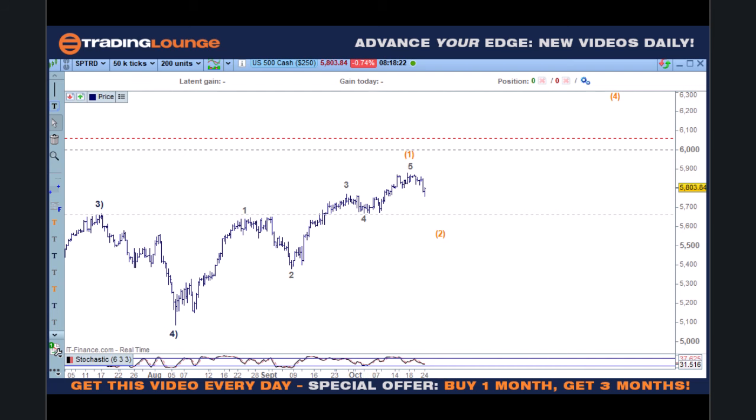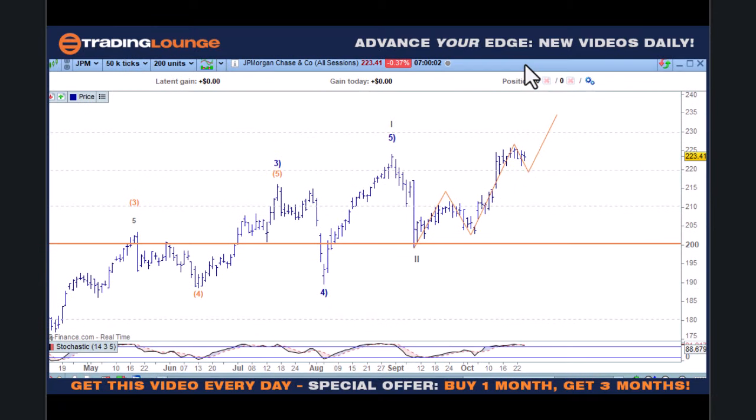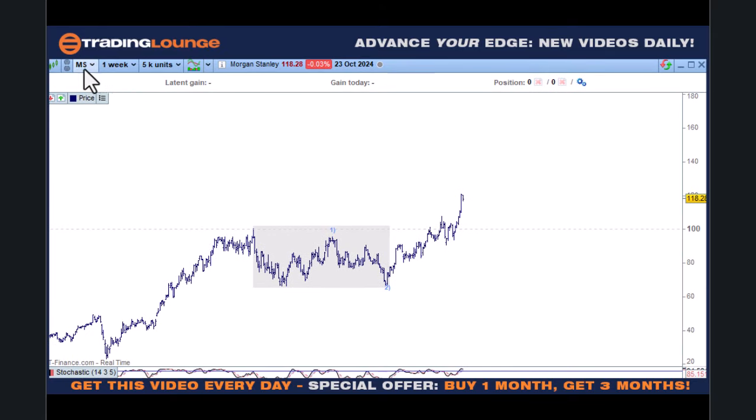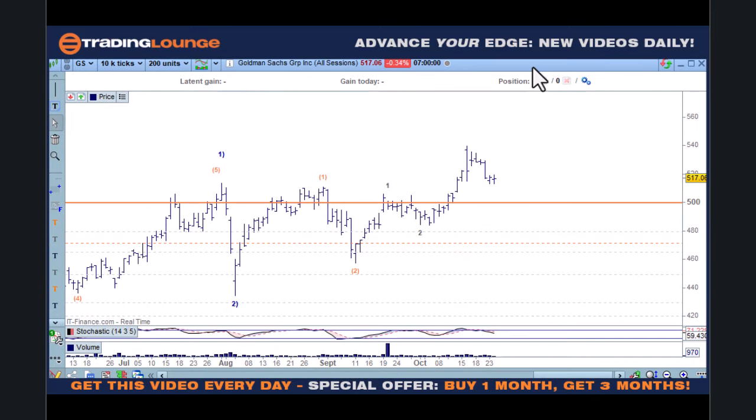As I've mentioned before, let's just have a look at the banks here for a moment. JP Morgan's here. You can clearly see we have 1, 2, 3, 4. We still need a fifth wave up here. This is a weekly chart for Morgan Stanley. This still needs to see moves to the upside, and also Goldman's over here as well.